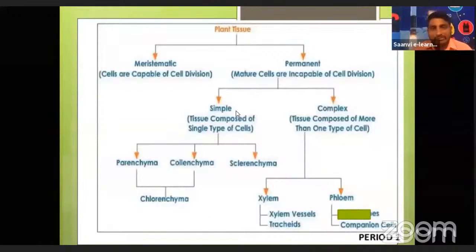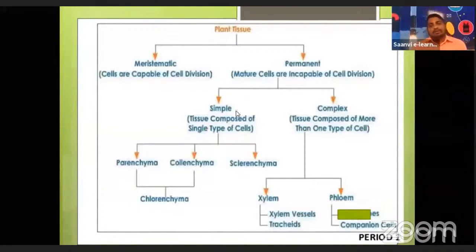The topic is plant tissues. Here is the flow chart.